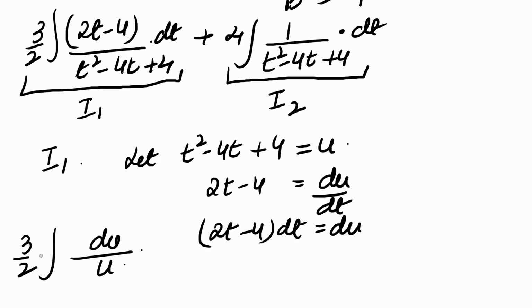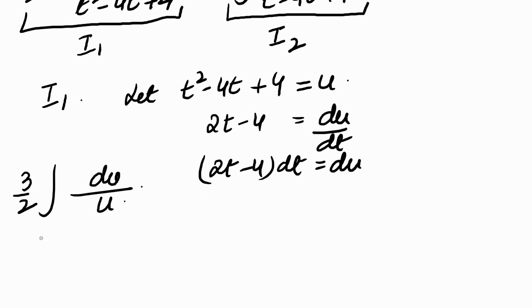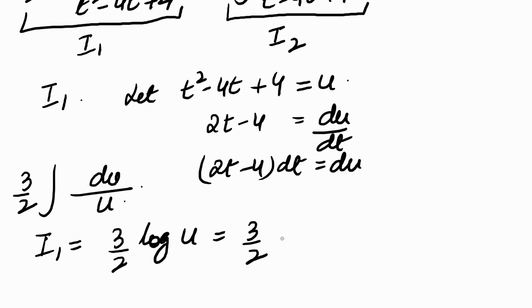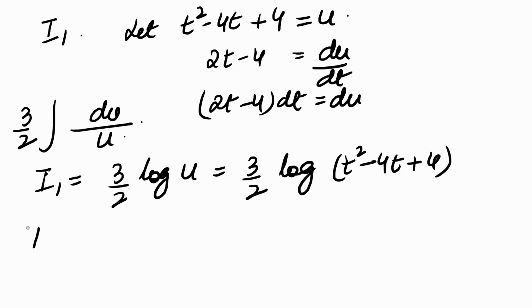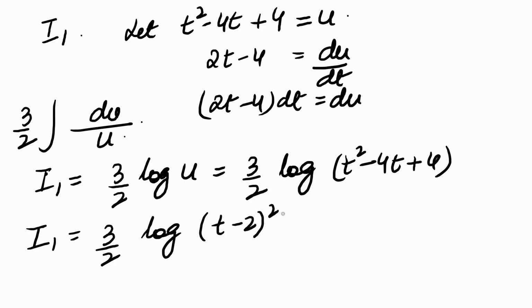So I1 will be equal to 3 by 2 log u, that is 3 by 2 log t square minus 4t plus 4. Now this is nothing but 3 by 2 log t minus 2 whole square.